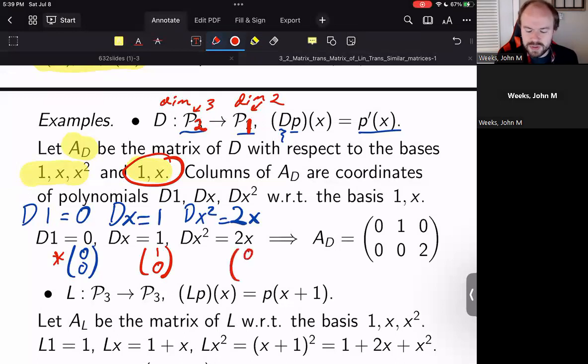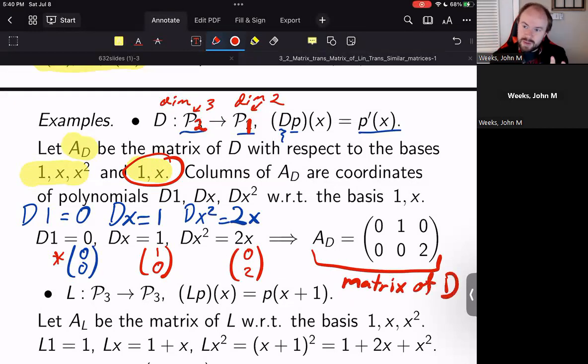So this should be equal to 0 constant term, that's with respect to the basis element 1. And then how much for the basis element x? It should be 2. So if we put all of these columns together, this gives us our matrix here. A sub D equals this matrix. This is the matrix of D, the matrix that we're working with for this particular operator.